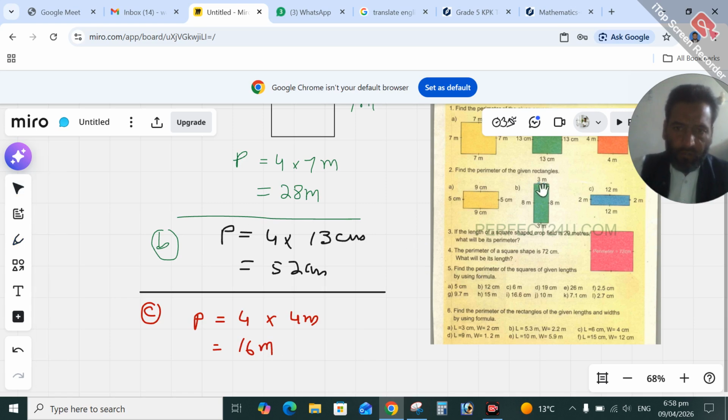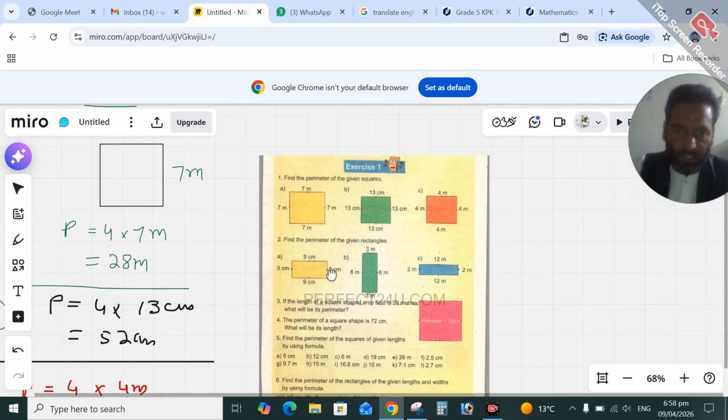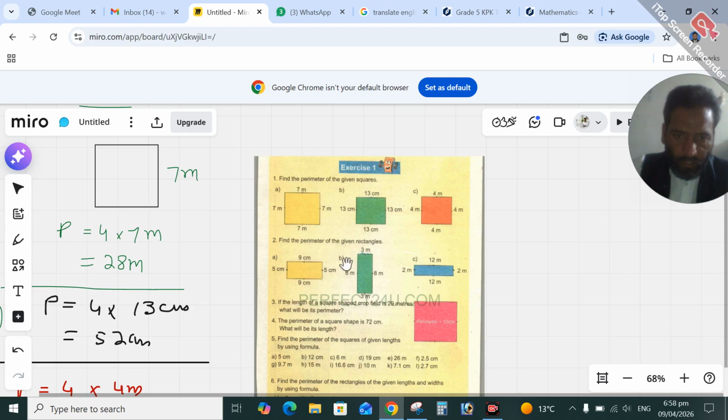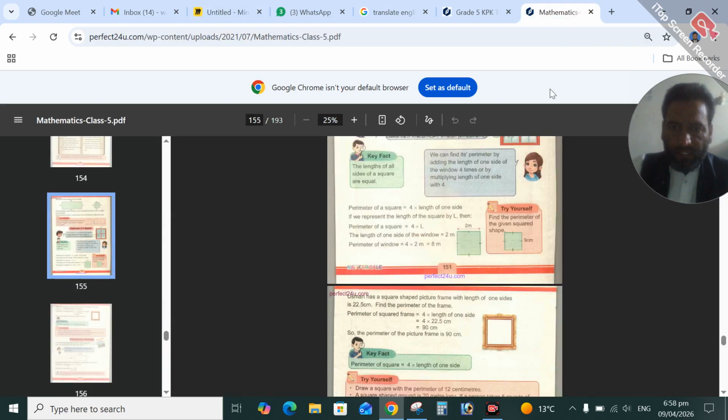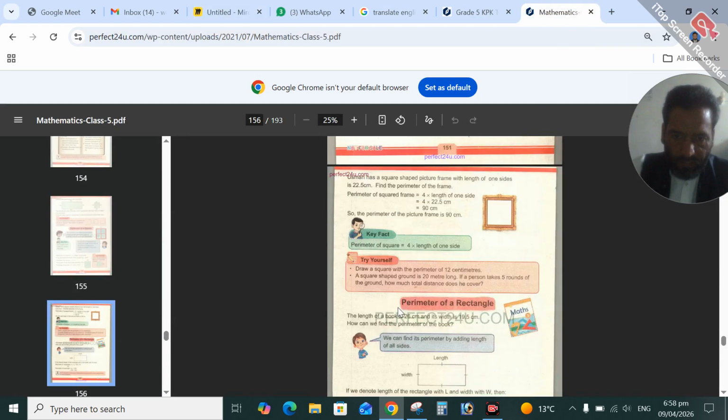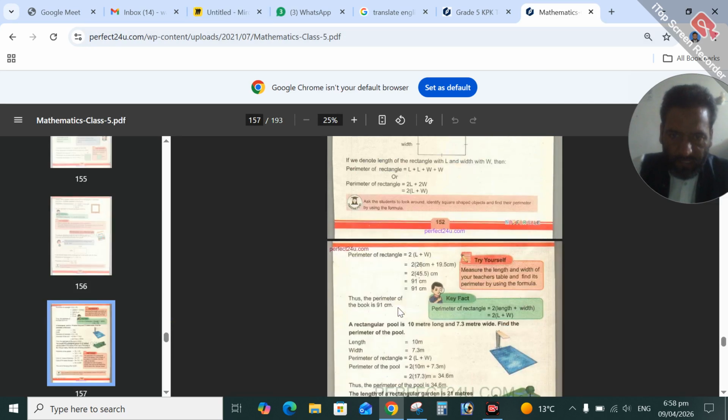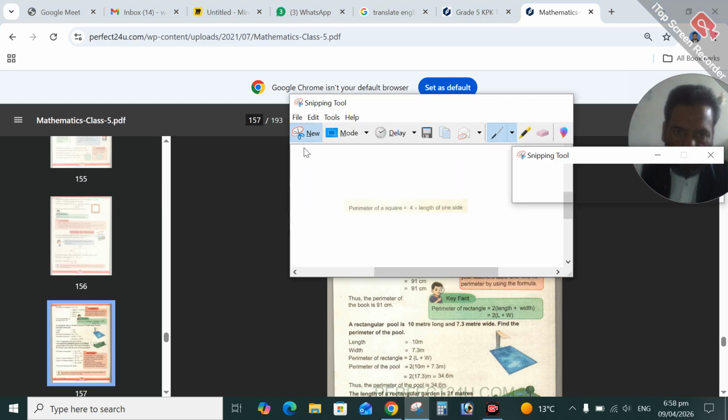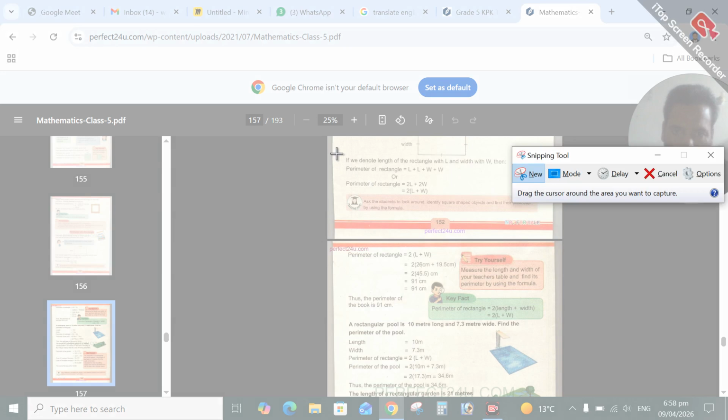Now question number 2, find the perimeter of the given rectangle. Now we have the formula for the rectangle, this is the formula.